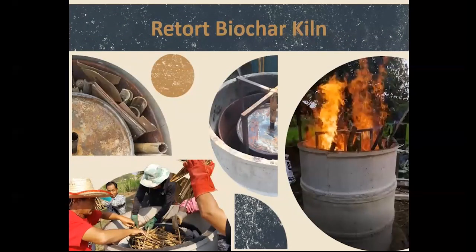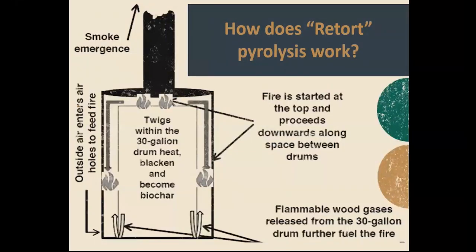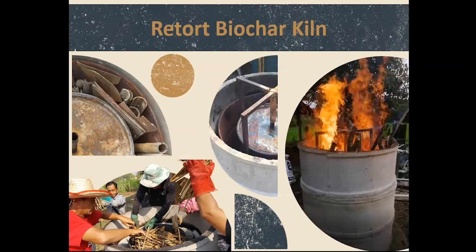All right, so here's what we call a retort biochar kiln. This is getting a little more sophisticated, but basically we have the drum filled with our biomass, and it is completely removed and out of contact with the flame. So if you look here, you can see how the biomass is surrounding the barrel, inside of the barrel.